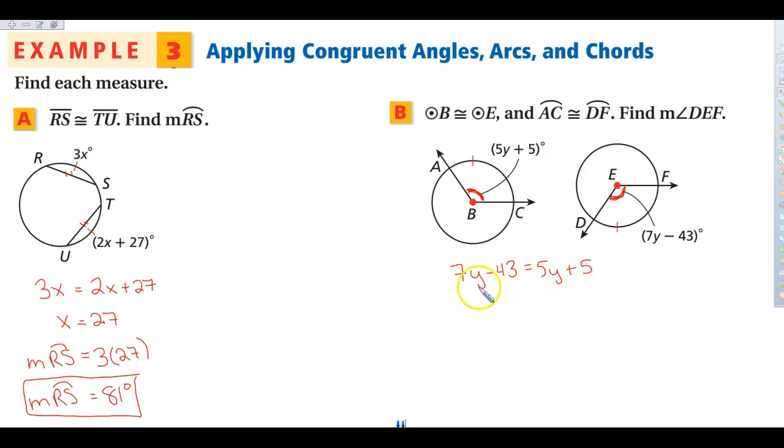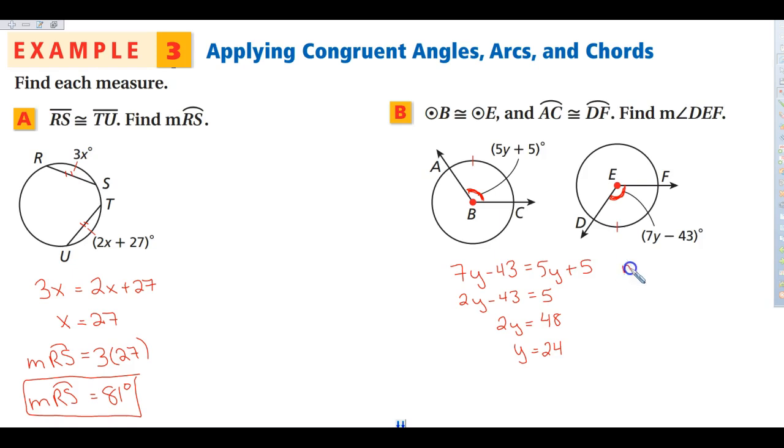So we're going to subtract 5y from both sides to get 2y minus 43 is equal to 5. Then we're going to add 43 to both sides, and we're going to get 48. When we divide both sides by 2, I'm going to get that y is 24.